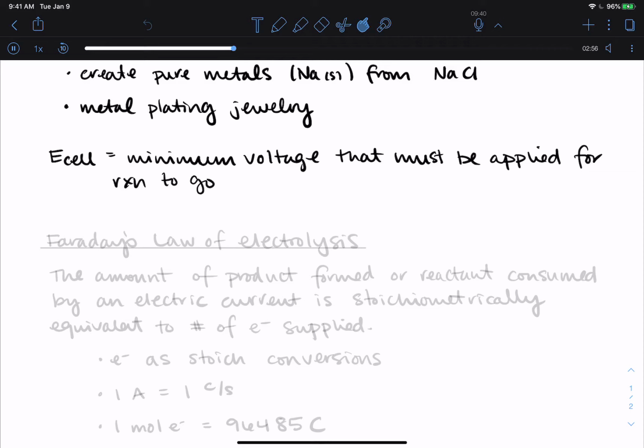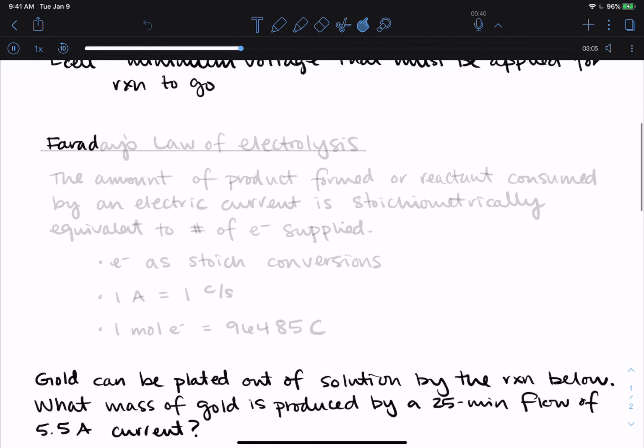And what we will do with electrolytic cells are usually just calculations using something called Faraday's law of electrolysis, which doesn't tell us anything that I think we haven't used before, because I feel like we've done these stoichiometry calculations with some half reactions, but this just puts some explicit words down letting you know that you can do these stoichiometry calculations with half reactions.